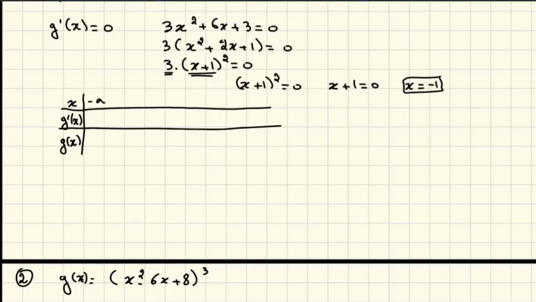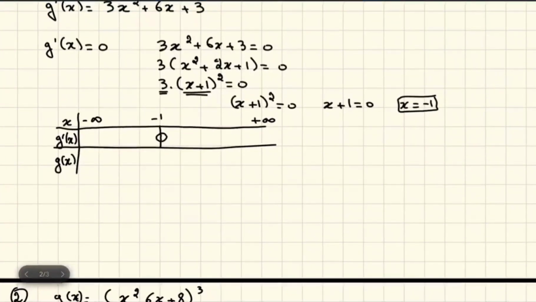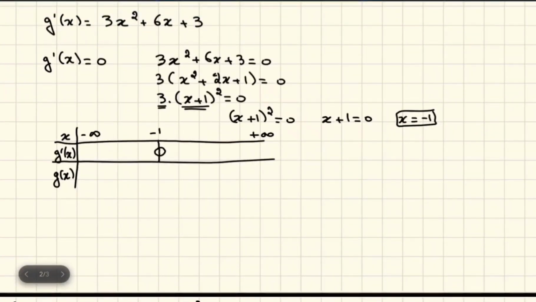Now the values of x are from minus infinity to plus infinity, and we have only one value here, which is negative 1, that makes g prime 0. So I just make a line or a segment on the level of g prime and I write 0 there. Now what is the sign of g prime of x between negative infinity and negative 1?